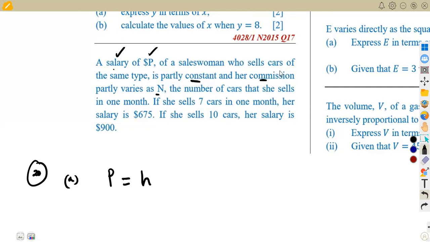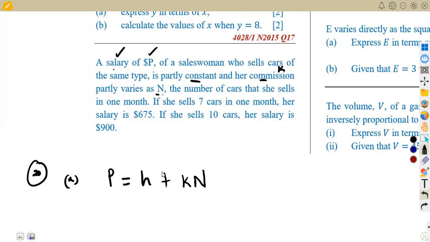But here commission, which is a constant, this one partly varies as n. So it's a constant with the n, which is the number of cars, just like the previous question where we had a constant with the number of hours for a particular overtime.